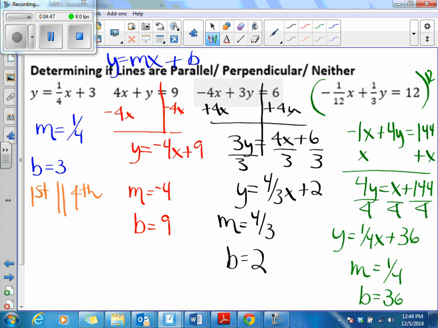What about perpendicular? If they're perpendicular, their slopes are opposite reciprocals, 1/4 and -4/1. Well, that looks like opposite reciprocals. So the first line is perpendicular to the second. And I also see that the fourth line is perpendicular to the second. And the third line is neither.